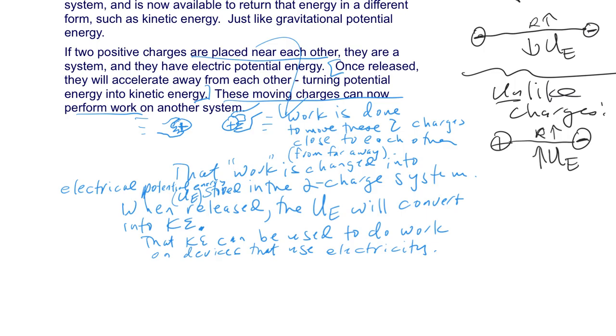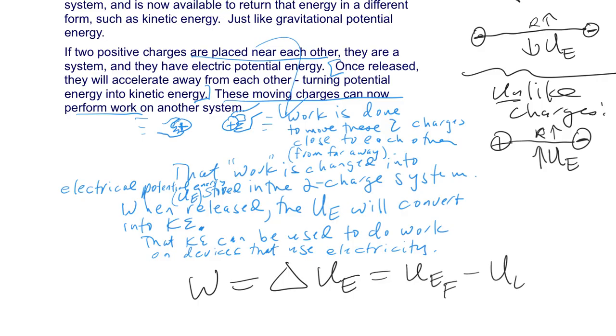We're not going to make a big deal about the work and relating it to electrical potential energy, but work is the change in energy, in this case, electrical potential energy. That would equal UE final minus UE original.